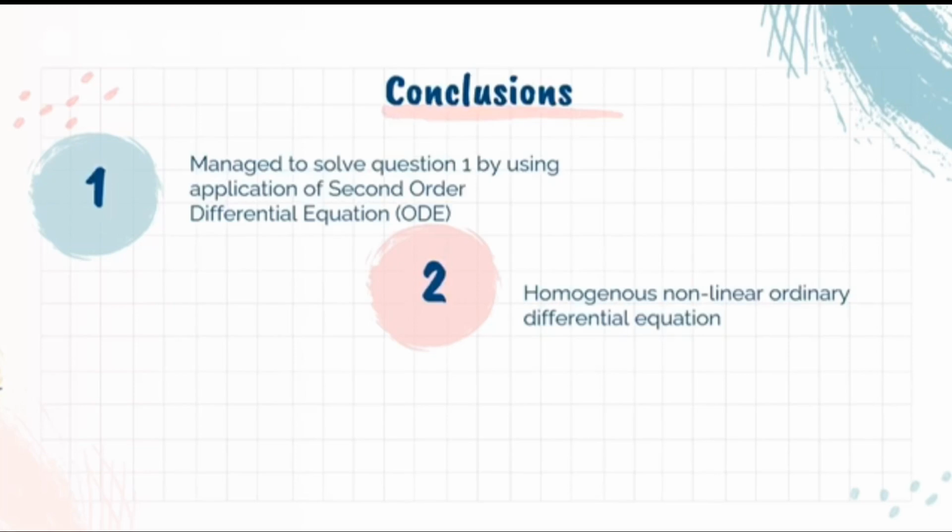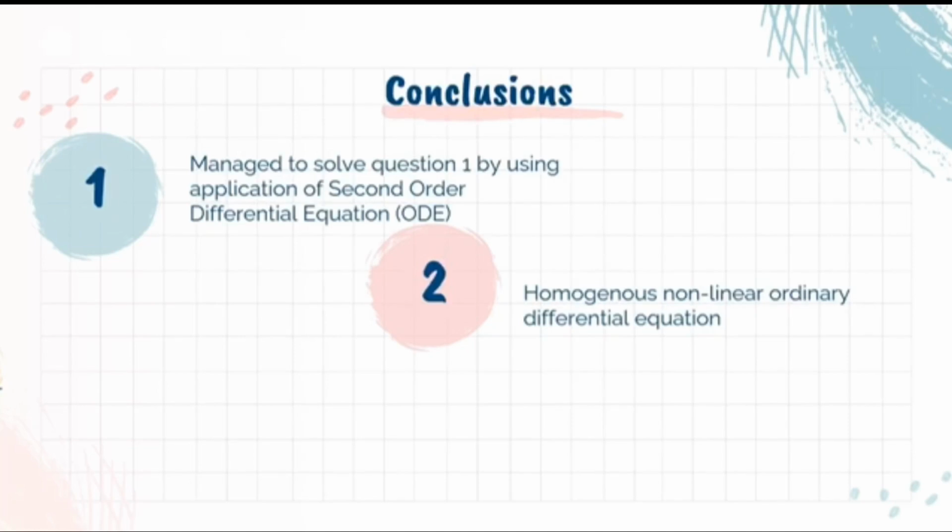The highest derivative in a first order differential equation is y prime, which is dy/dx, whereas the highest derivative in a second order differential equation is y double prime, which is d squared y over dx squared. An ODE with this derivative of the unknown function is called a second order ODE.